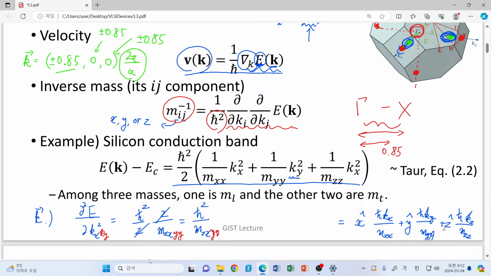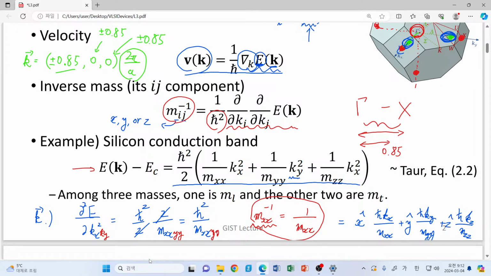So then my question is, what is your x directional inverse mass? Then you will find that this is just 1 over m_xx. You may say that this is just identity, but please note that on the left hand side I wrote this expression as a component of your inverse mass tensor, and on the right hand side you have a certain scalar number, the x directional scalar number used in this specific expression.